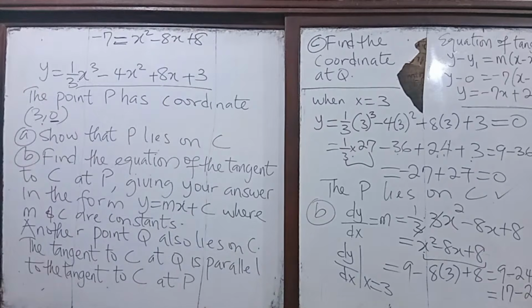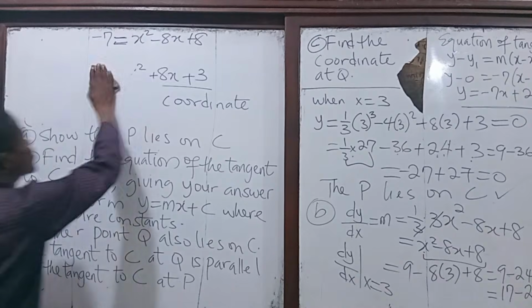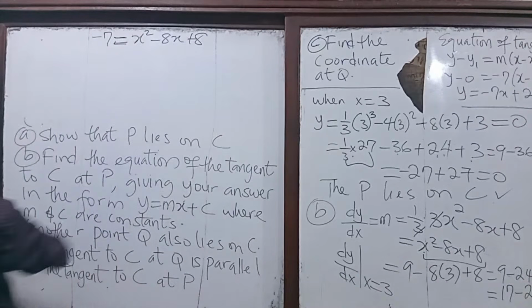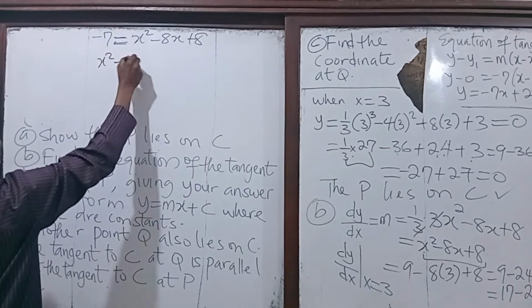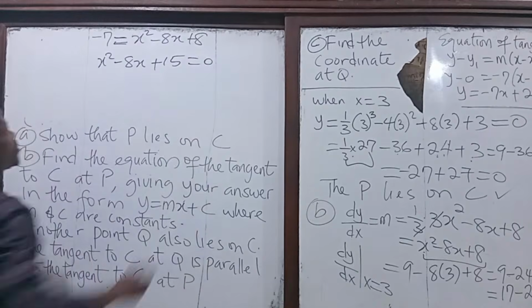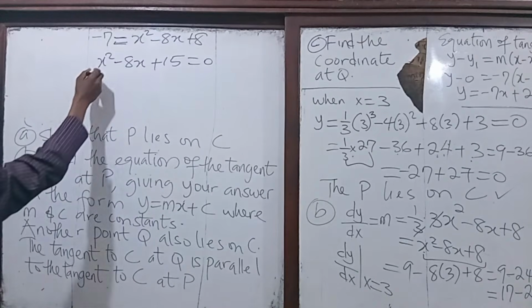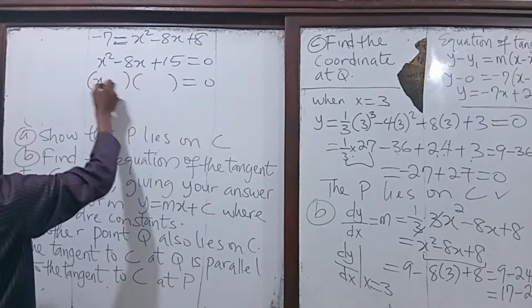So that will give us x squared minus 8x plus 15 equal to 0, and we're going to factorize that.